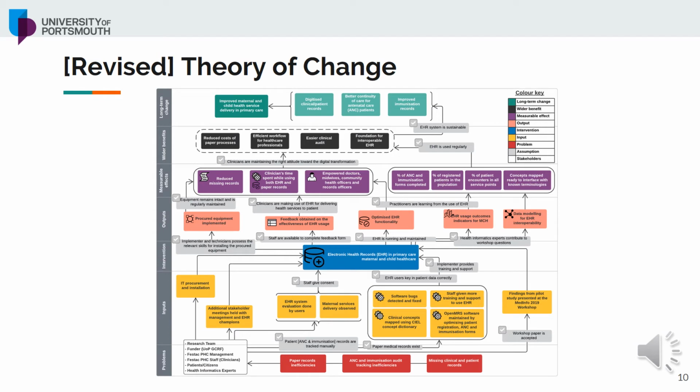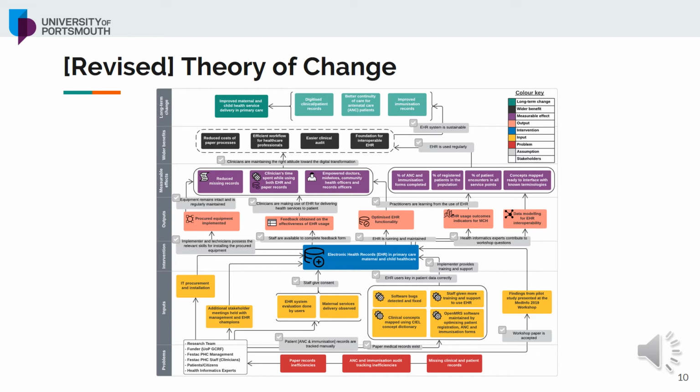After the action research, we were able to revise the theory of change to accommodate some changes that were made. For instance, the long-term goal was generic, but now it's specific to improving maternal and child health care service delivery in primary care.